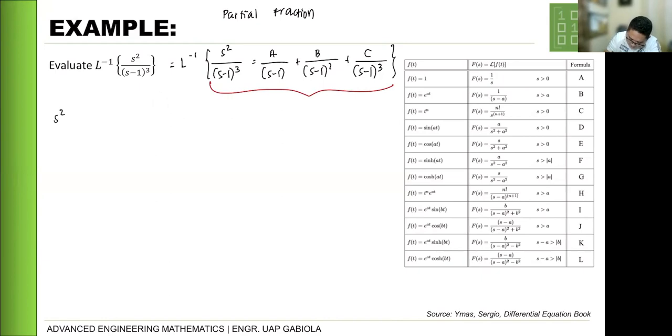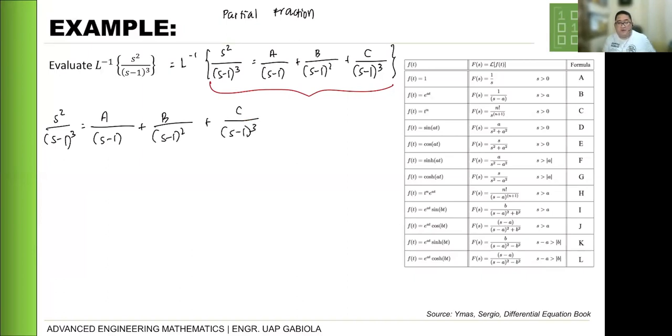So s squared all over s minus 1 cube is equals to a over s minus 1 plus b over s minus 1 squared plus c over s minus 1 cube. So the goal is to identify yung value ni a, b, and c. Okay, para makuha natin yung kanyang decomposed form.